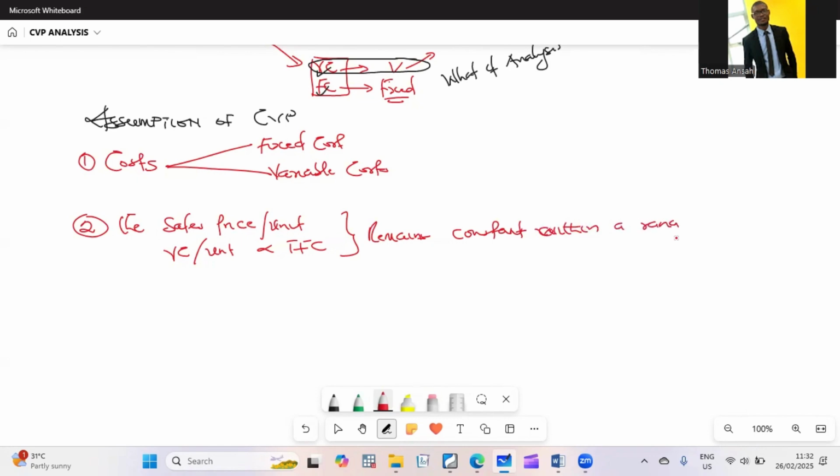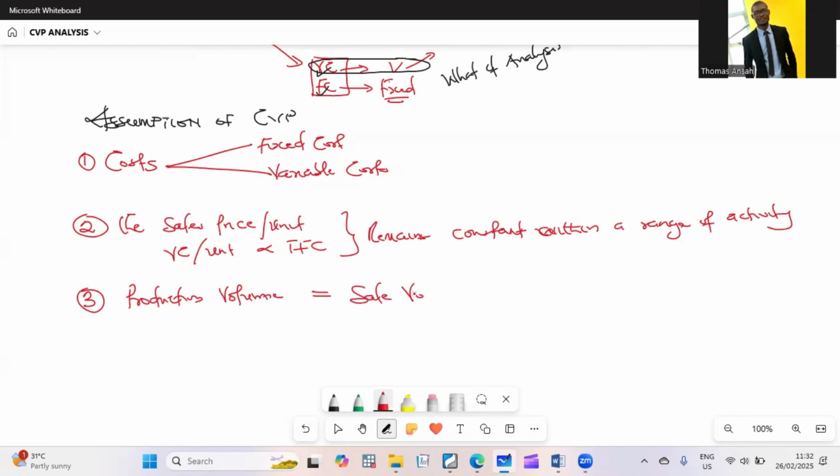So at a point in time, the selling price is known. At a point in time, the variable cost is known. At a point in time, the fixed cost is also known. Number 3 is that the production volume, what an entity produces, is equal to the sales volume. What does that mean?